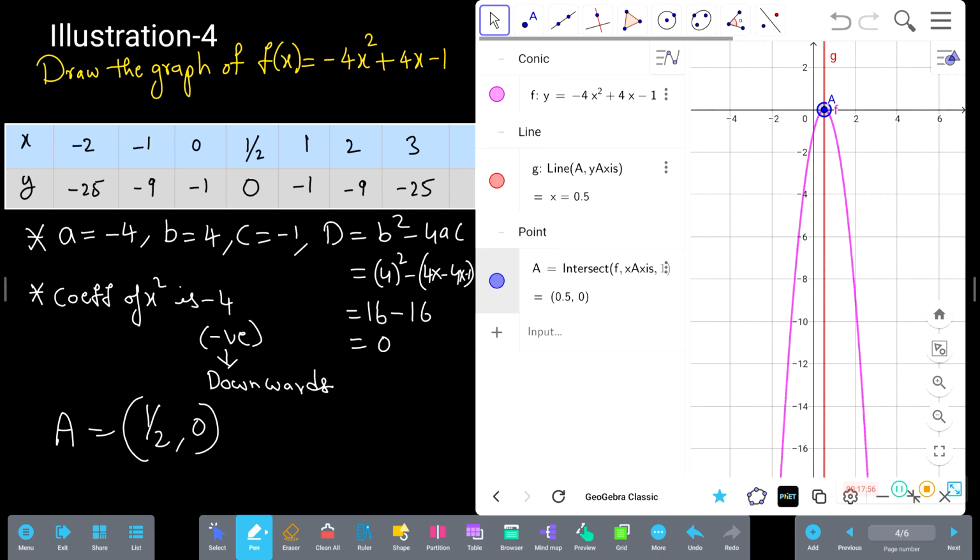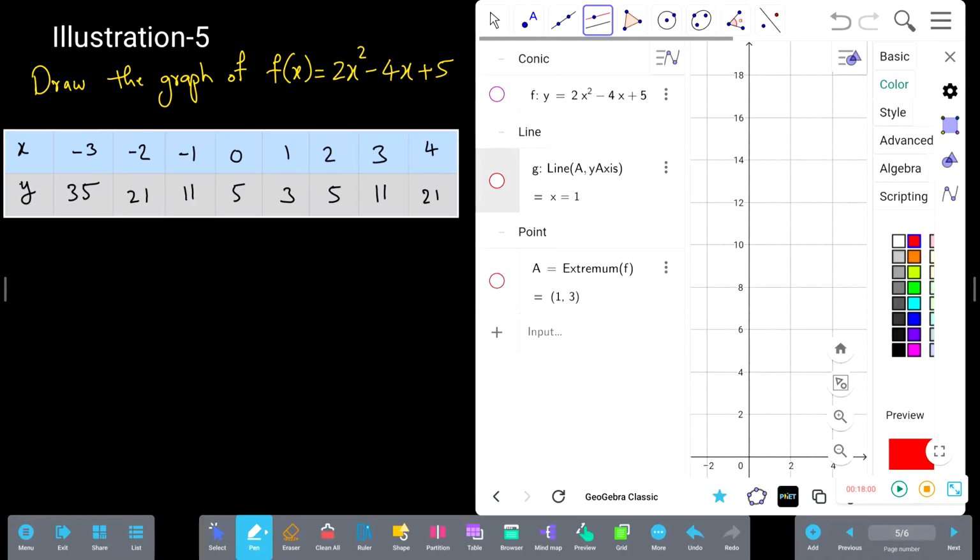We'll go to illustration number 5. Draw the graph of f of x equal to 2x square minus 4x plus 5. For these, the points are minus 3, 35, minus 2, 21 and so on. If we observe and write the coefficients, the coefficient of x square, that is A, is equal to 2, coefficient of x, B, is minus 4 and constant C is 5.